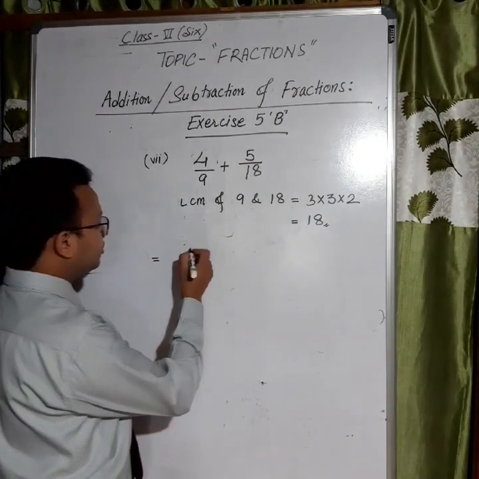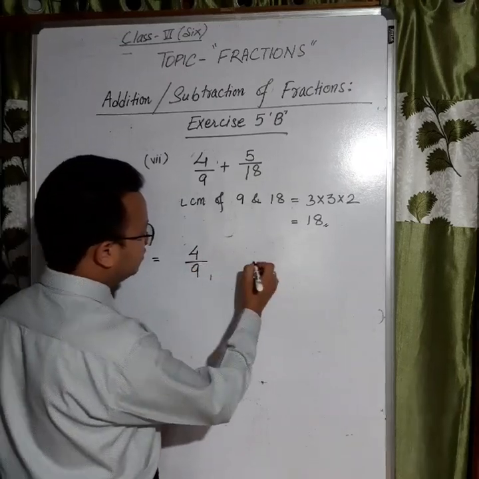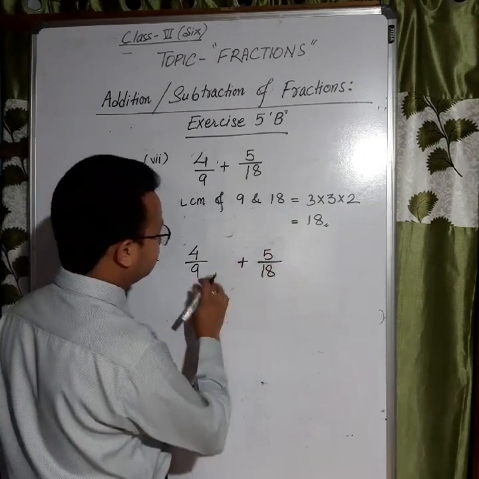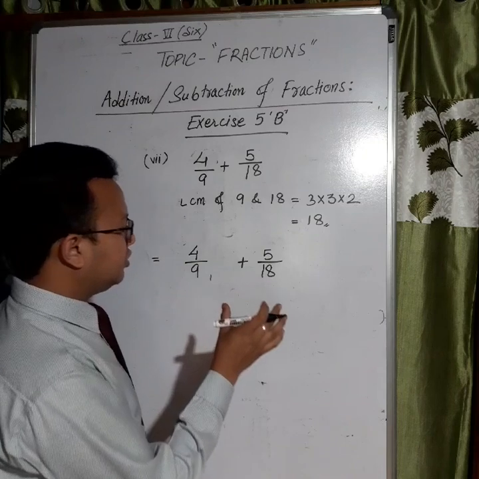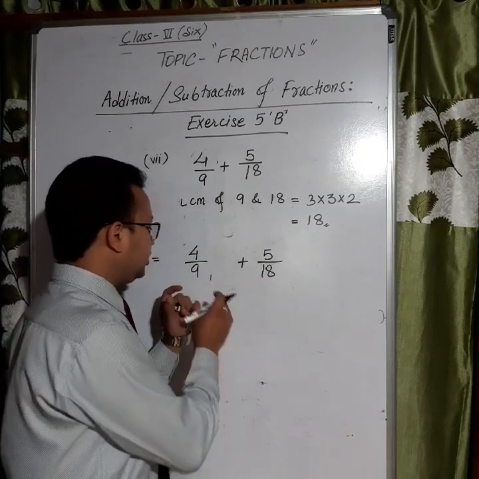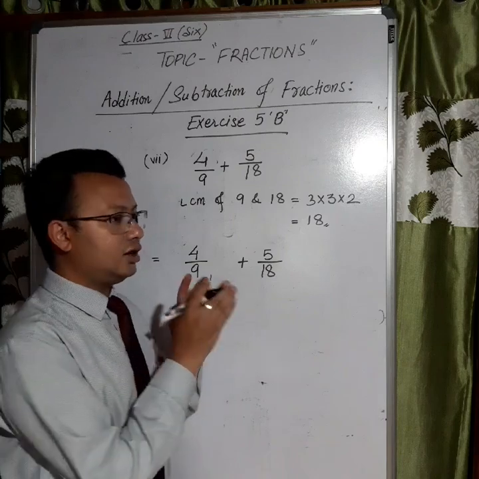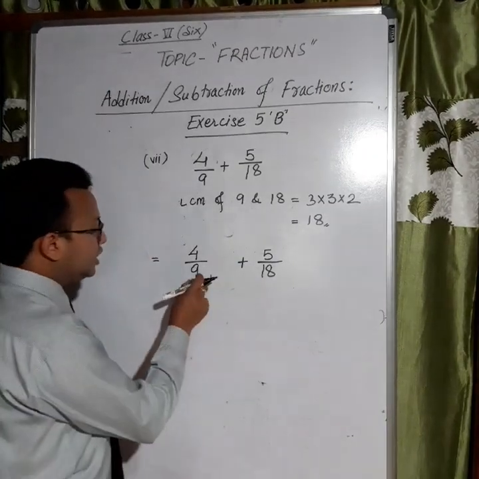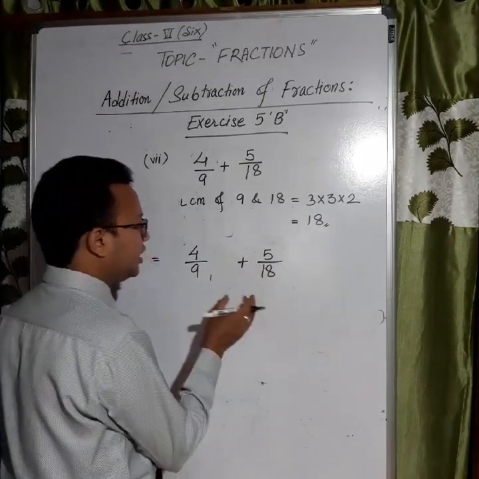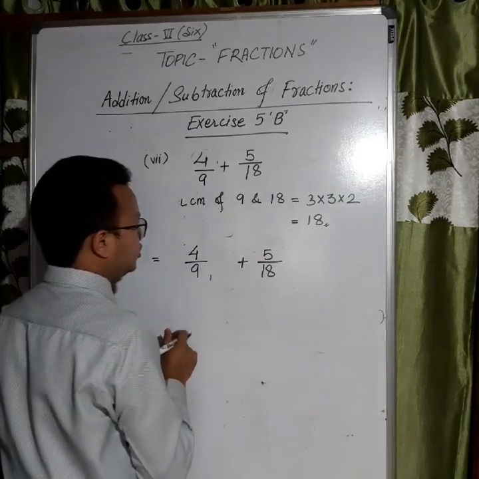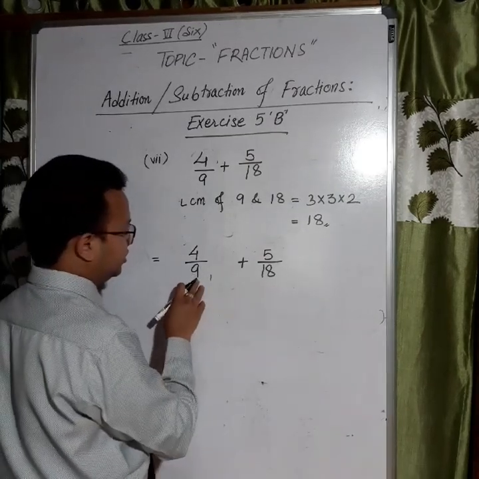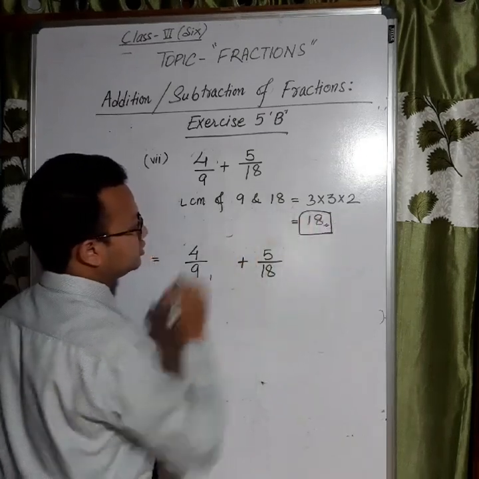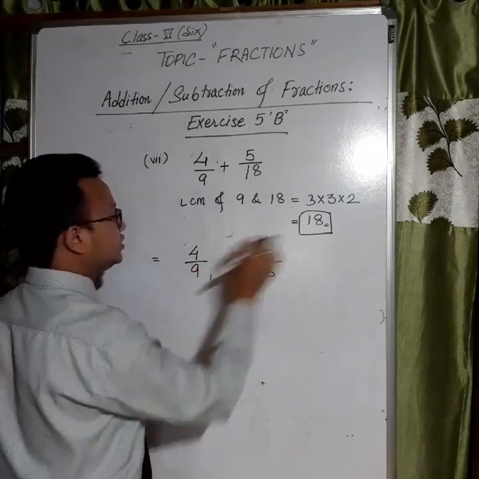So now 4 by 9, we'll give a space in between and write plus 5 by 18. Why are we doing this? Because we are trying to convert these numbers to the same, common denominator. 9 and 18 are not common, so we are trying to make them common denominators. If you want to convert this 9 to the LCM, 18, what should we do?